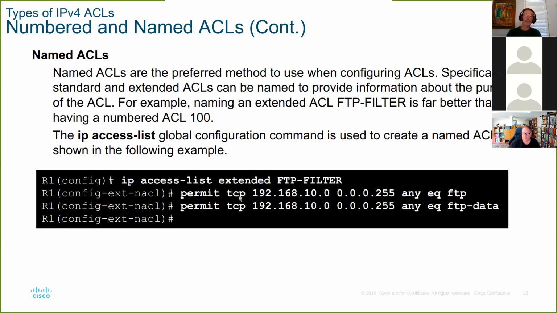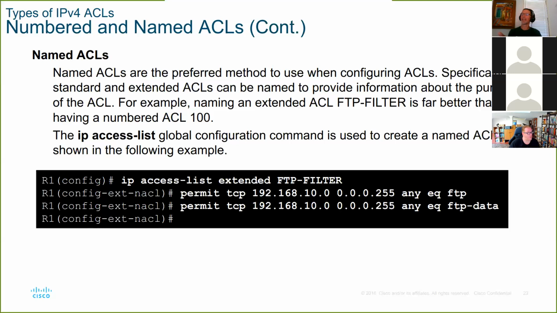But we're going to permit TCP packets from the 10 network to any network as long as the protocol equals FTP. Well, those of you that are old hats at this, you know that there's 2 FTP ports. Those of you that are fairly new to this, FTP travels over port 20 and port 21.